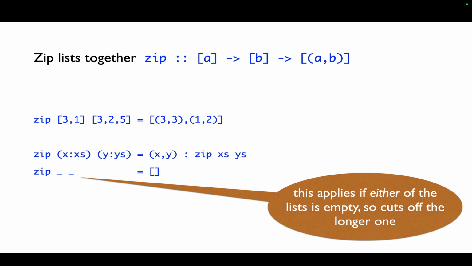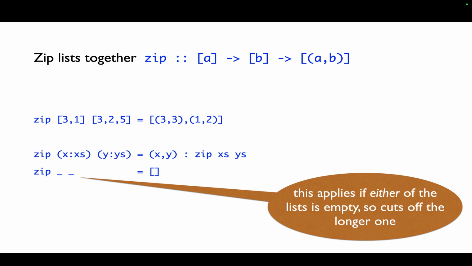And that's what you see reflected in the definition. It says, if there is an element in both of the lists, we take that front element off each of them and turn it into a pair, and then put that on the front of the result of zipping the remainder of the lists.